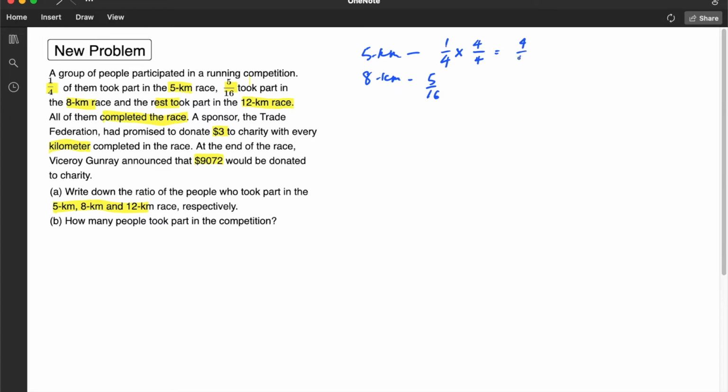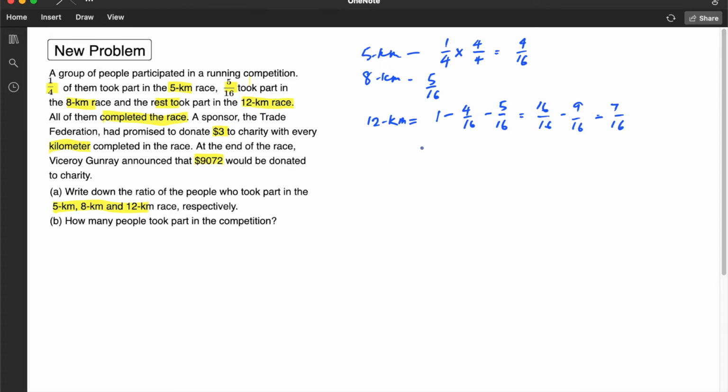And then for the 12-kilometer, of course this will be equal to 1 minus 4/16 minus 5/16. So this is of course 16/16 minus 9/16, and that will give us 7/16.